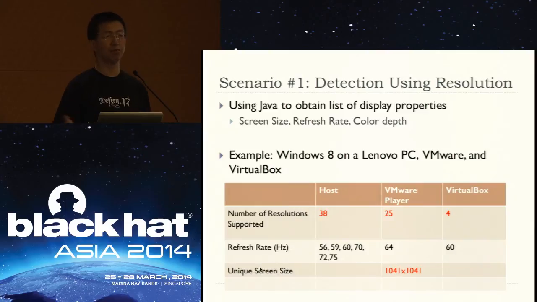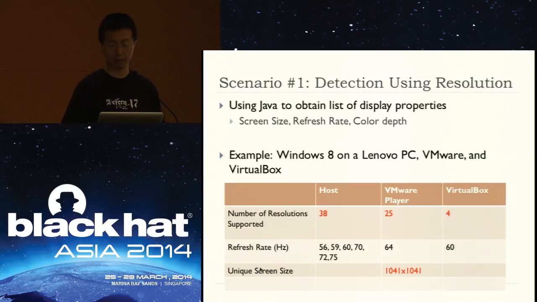Now, obviously, if you don't run any X, then our program will get an exception saying that there's no X behind. So we ran this on a few physical machines, then we also ran it on VMs. Here, this table shows one simple sample of the output. A couple of things I want to mention. First, it turns out that for the modern day display or graphic card, most systems support tons of resolutions.